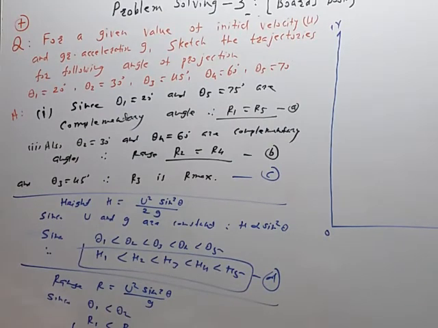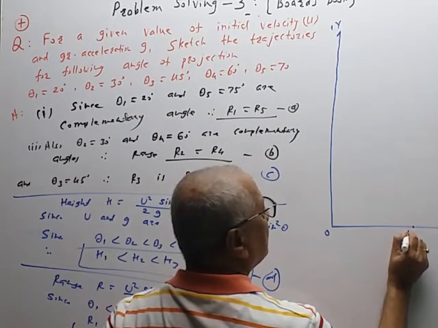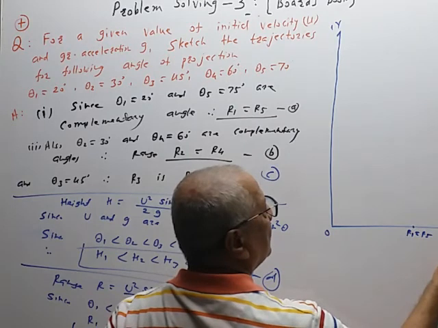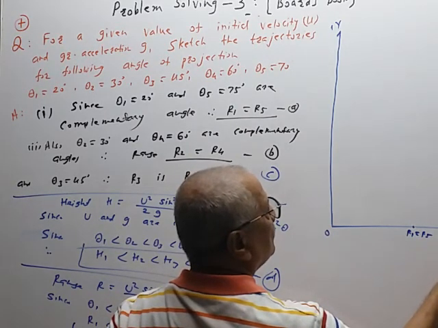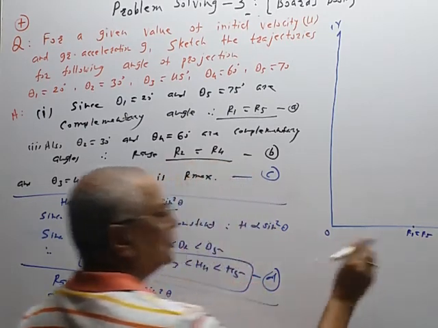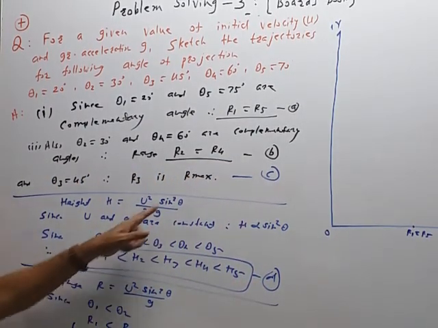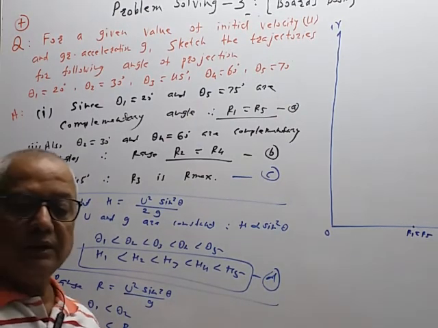Now R2 and R4, R1 and R5 are the smallest. So I will consider R1 is equal to R5 and this will be say R2 is equal to R4. So these are the three ranges. Smaller the value of angle theta, smaller will be the range. But for complementary angles the range is the same like this.